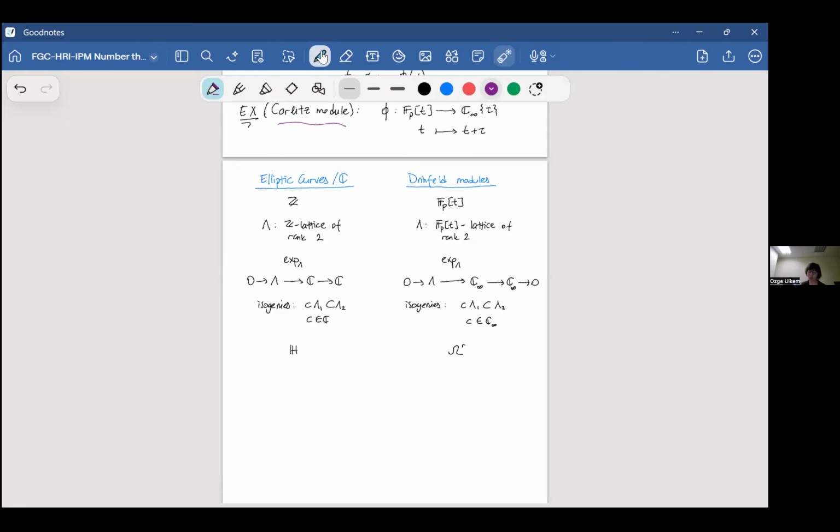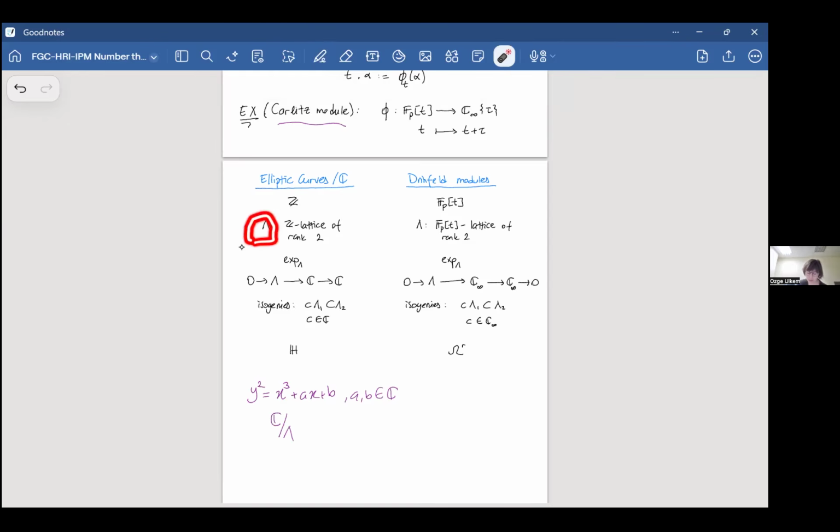When you talk about an elliptic curve over C, it is given by the equation y^2 = x^3 + Ax + B, where A and B are in C. By using the Weierstrass P function, one can interpret any elliptic curve as a quotient by a lattice. So it's enough to start with a lattice Lambda, a Z-lattice of rank 2, and one can define the exponential map.